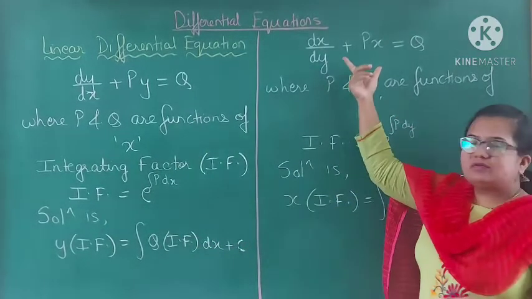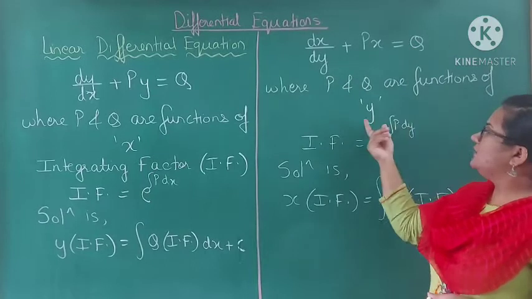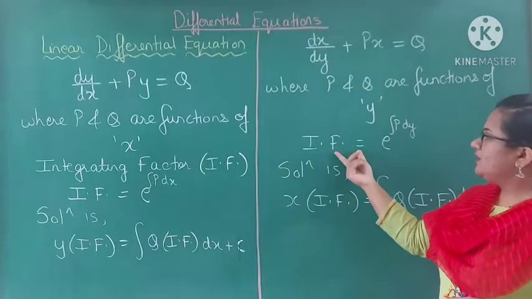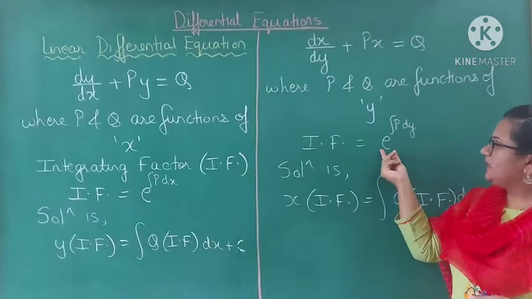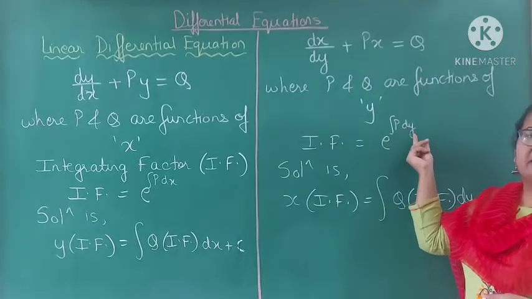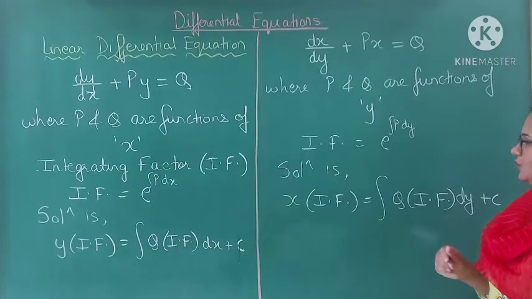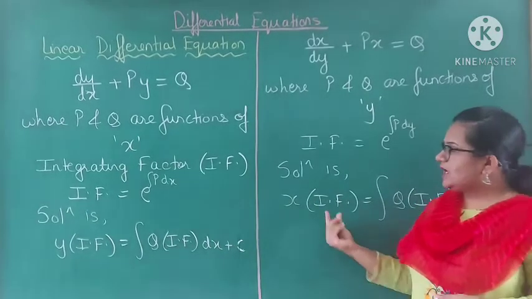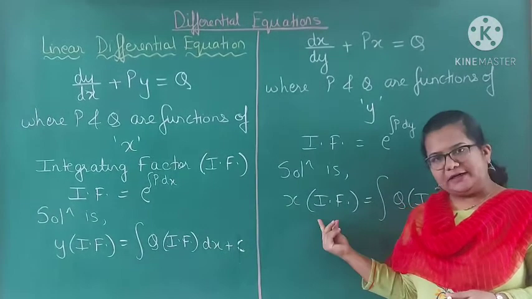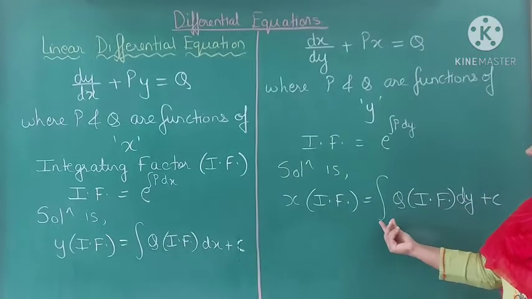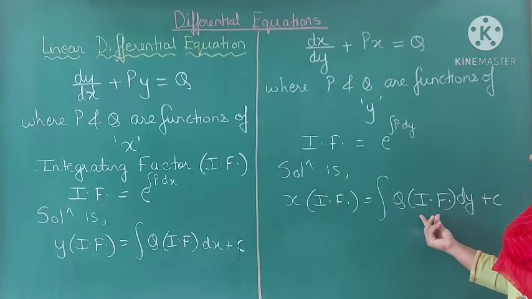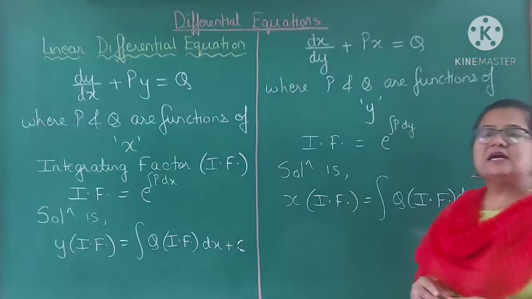Similarly, in this type of linear equation, p and q are functions of y. So what will be the integrating factor? It will be e raised to integration of p dy. Since p is a function of y, we will integrate with respect to y. And what will be the solution? The solution will be x into integrating factor equal to integration of q into integrating factor dy plus c.